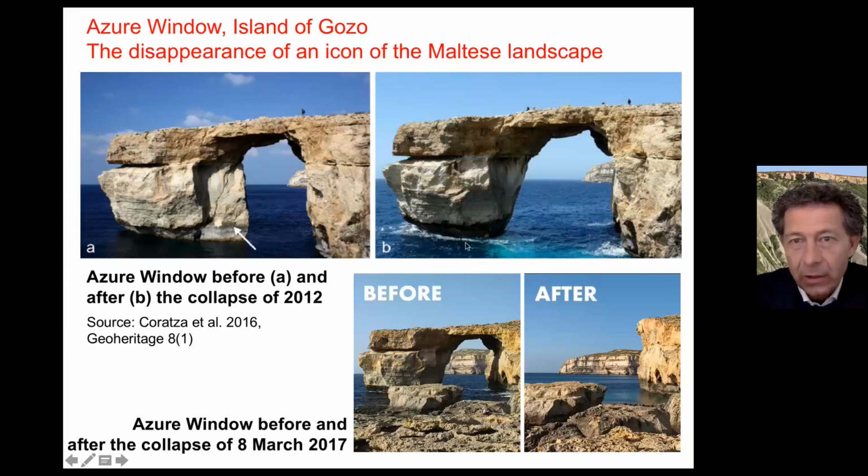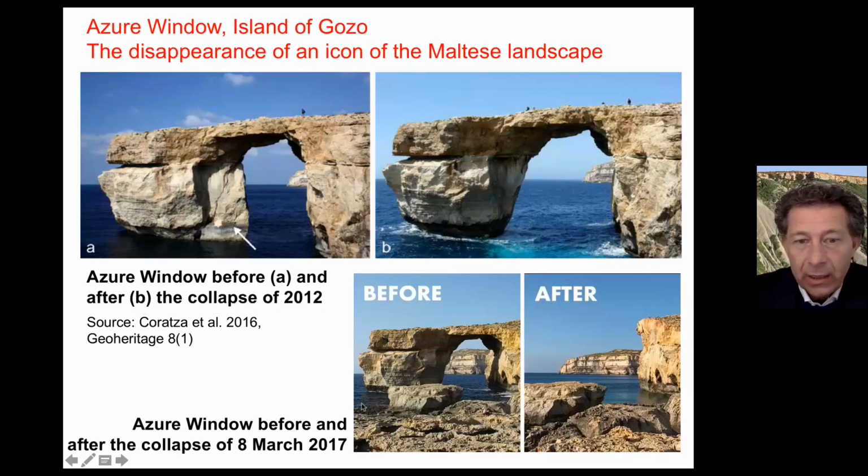But what was not fully considered is that the sea action was undermining the stability of the portion of the arch located toward the sea. So the basement of this pillar was getting thinner and thinner due to wave cut at the base.